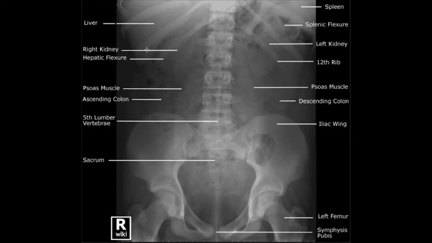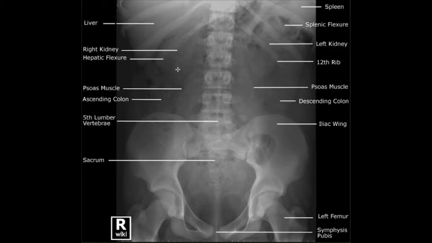Alright, we have another major organ, that's the kidney. The kidney is an organ from the urinary system that lies within the abdomen. So the proximal part of the urinary system lies in the abdomen, and it has to be visualized in the abdominal x-ray. We only see the shadow of the kidney.